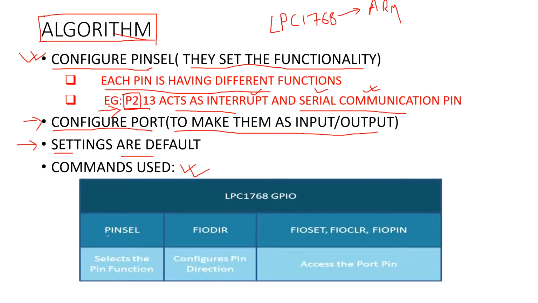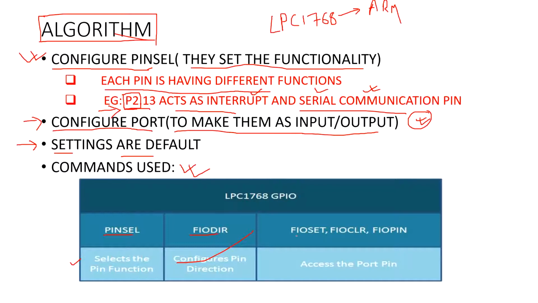First one, anyway, we have understood: Pincel selects the pin function. Second one is FIO DIR. FIO DIR sets the direction of the port. That means if you are using the second port, you should use a command called FIO DIR, which will tell port 2 that it is getting used and also that it is acting as an input output pin.